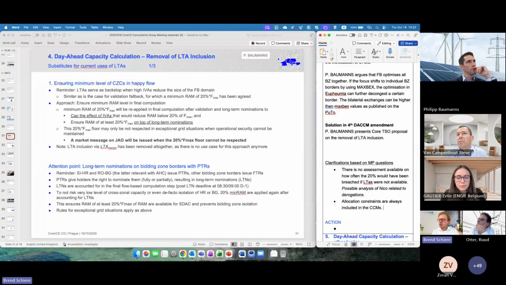If there is such type of consideration, then every TSO is formally obliged to inscribe it in the methodology. There is no way of doing it differently. And if the concern is then, yeah, but it can lead to an IVA on CNEC, those IVAs are transparently published. We also have quarterly reports that make all the statistics and that make the explanations and justifications, and then it's fully regulatory oversight.